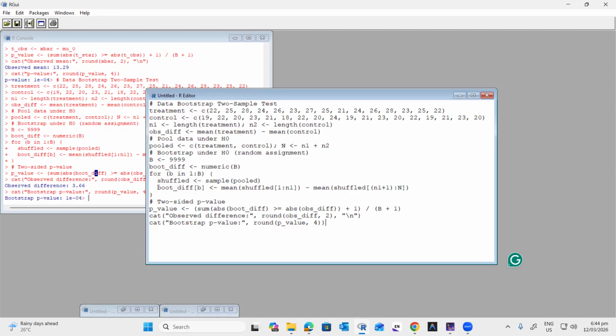The p-value is the proportion of shuffled differences that are as extreme or more extreme than the observed difference, with a small sample adjustment. This is a non-parametric method, and it makes no assumption about normality. It is valid for any distribution as long as the observations are independent and exchangeable under H naught. So this was your R code for two sample.